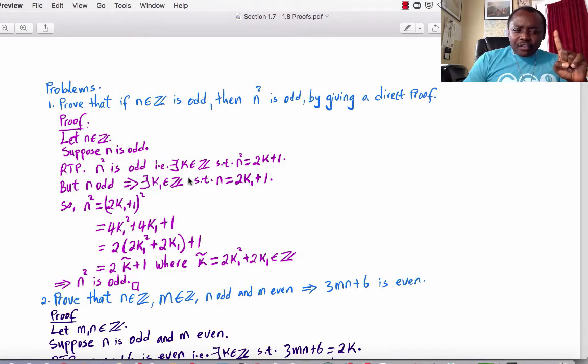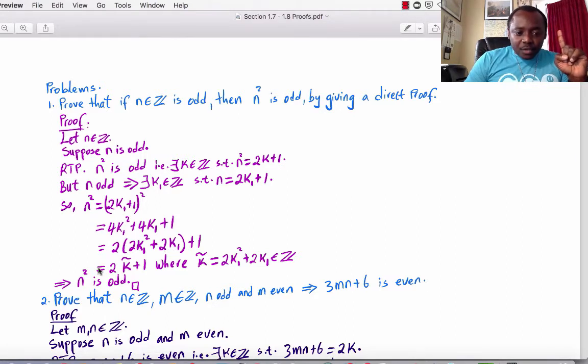Remember, I am looking for some integer k, which I could call anything, but it has to be an integer, such that n squared can be written as 2 times that integer plus 1. Wait a minute, it looks like I've written this as 2 times something plus 1. If I can only prove that this something is an integer, then I'm done. So I make a huge, bold claim.